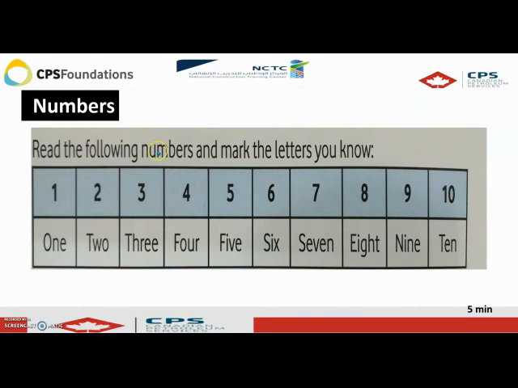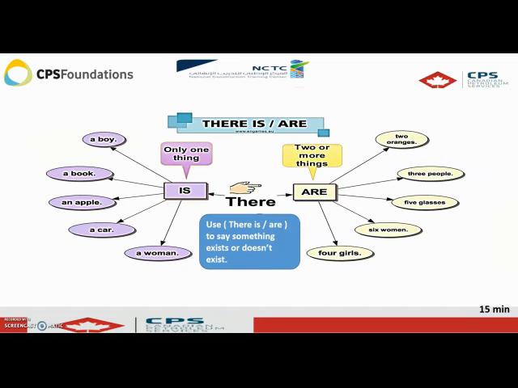Read the following numbers and mark the letters you know. Right? We have 1, 2, 3, 4, 5, 6, 7, 8, 9, and 10. There is or there are. One is used for one object and the other one is used for many objects.